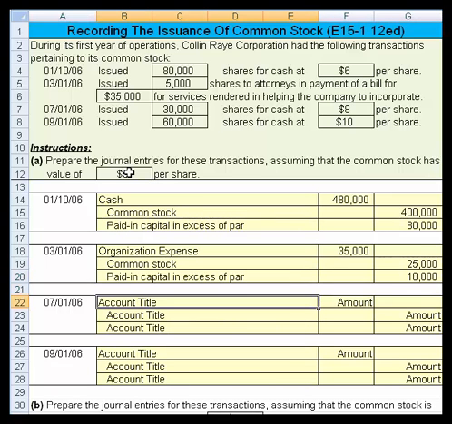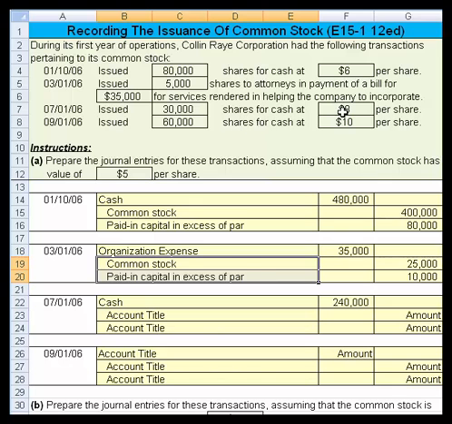On 7/1/06, we issue another 30,000 shares at $8. So we're going to receive cash proceeds for that. The cash proceeds will be equal to the 30,000 times the $8 per share. And we are going to issue common stock and paid-in capital on this as well.